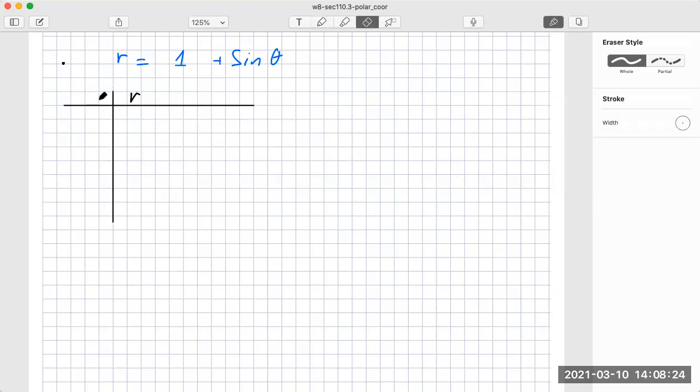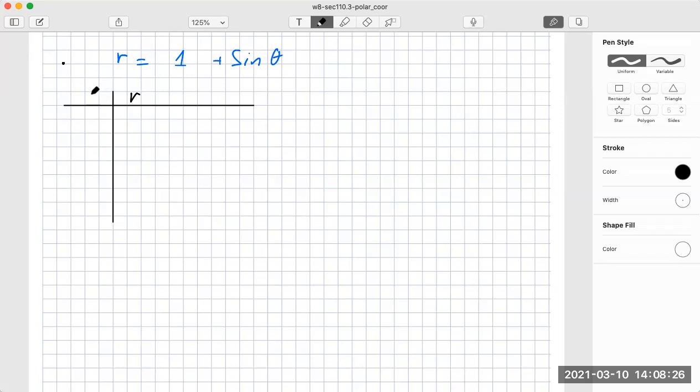Let us write. So if theta is 0, pi over 4, and then let's just pick 4 points: pi over 2, pi, 3 pi over 2, 2 pi.